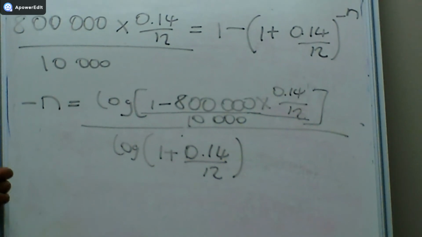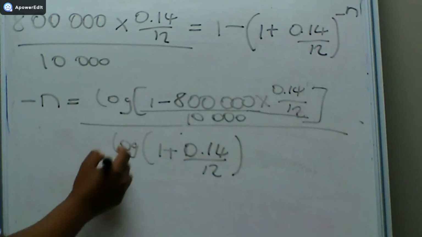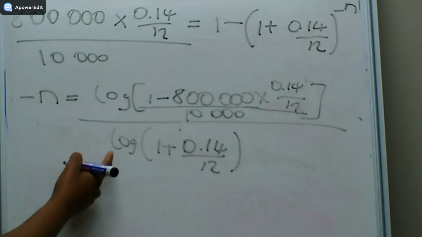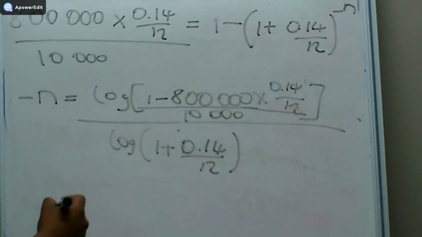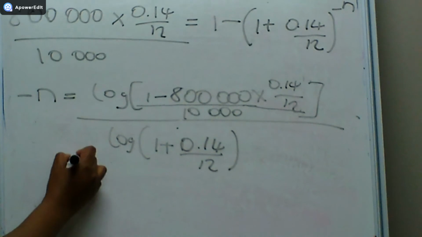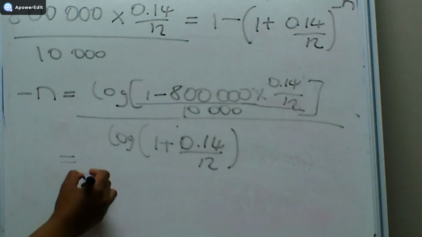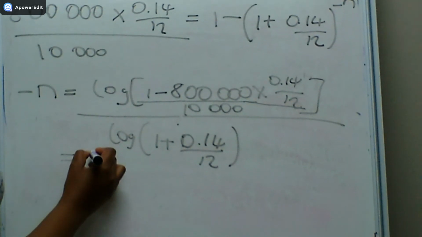So at this point, you can just punch everything into the calculator and you get your final answer. But obviously the answer that you get, you have to multiply by -1 in order for you to get an n instead of a negative n, because that's what you are looking for.